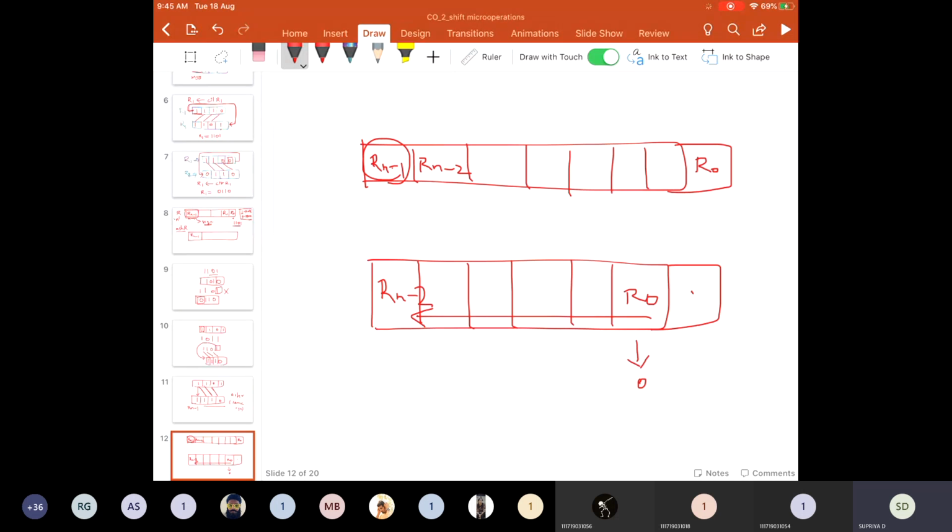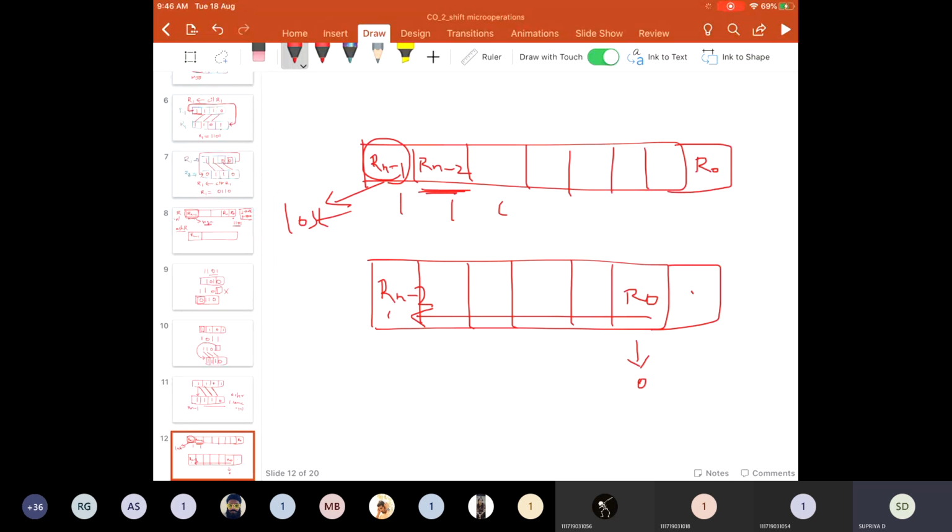And the initial bit we have, R minus 1, is lost, and it is replaced by the bit from R minus 2.